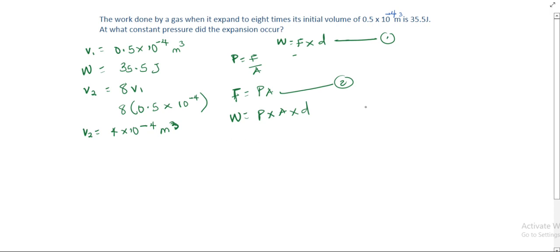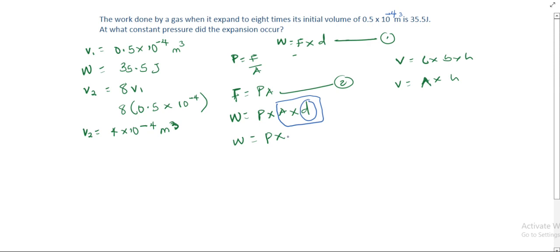We know that our distance is also a length. And remember, from our basic mathematics, volume is equal to length times breadth times height, and our volume can also be equal to area times height. Height is also a distance, which is a vertical distance. So if we take this distance as our height, area multiplied by d gives us the volume.